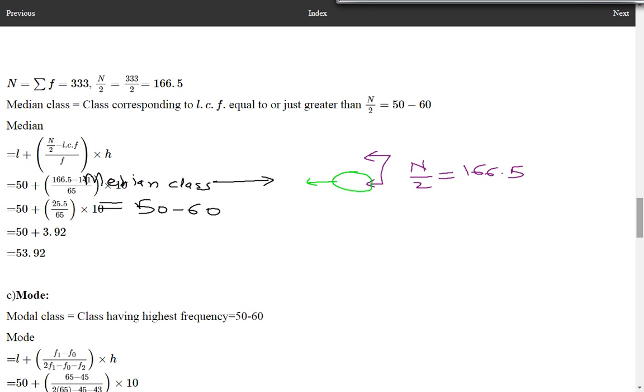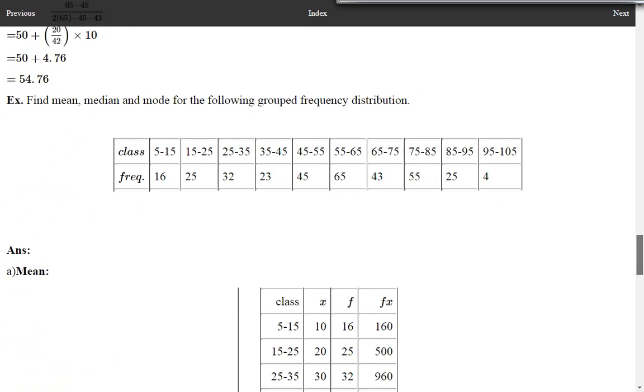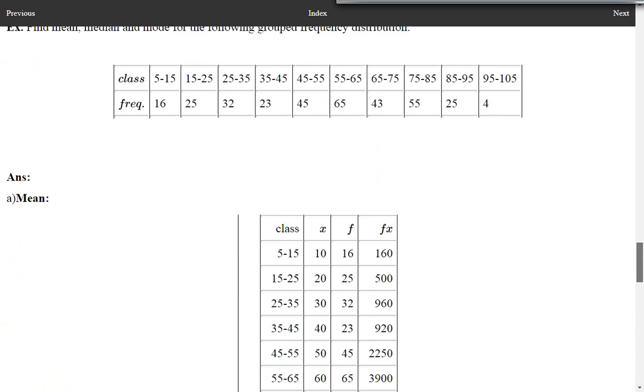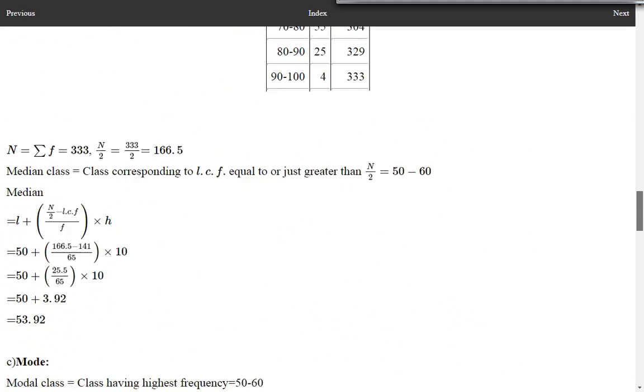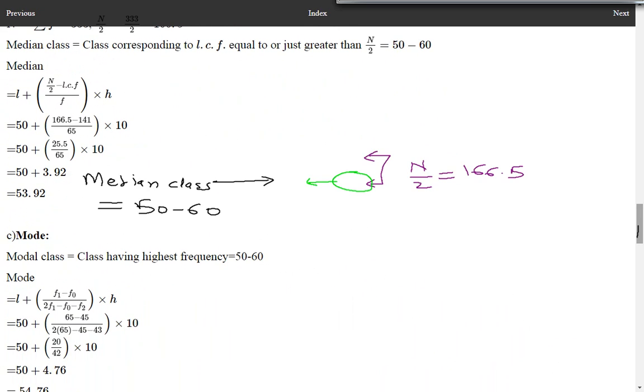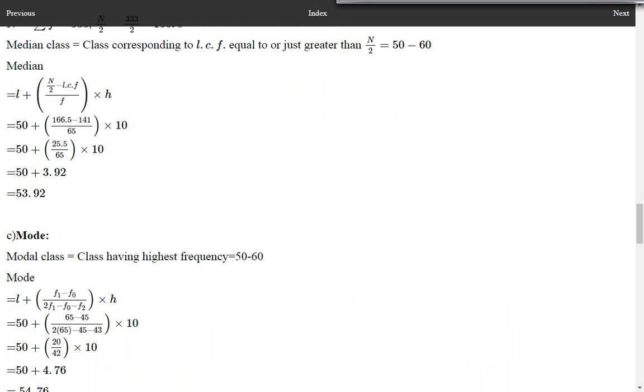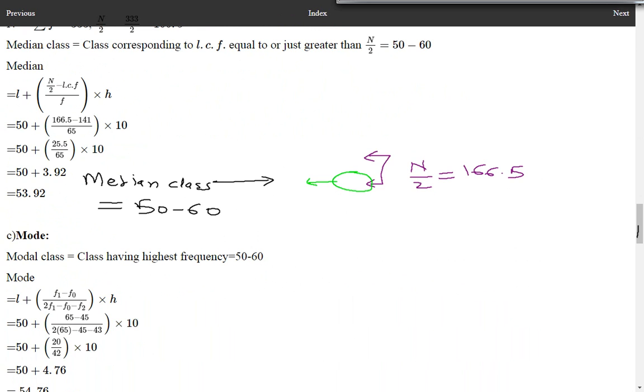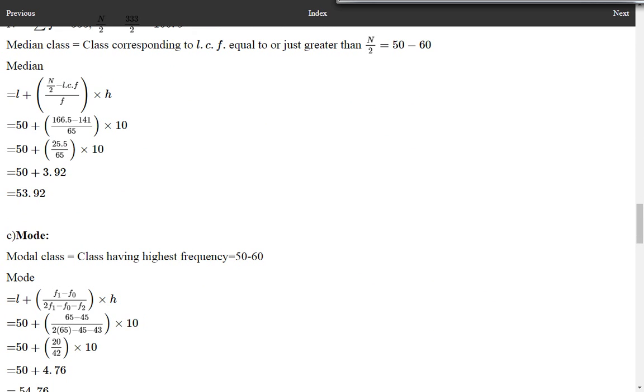So to find the median, we have to use this formula, which is given here. The formula is median is equal to L plus n by 2 minus LCF upon F into H.